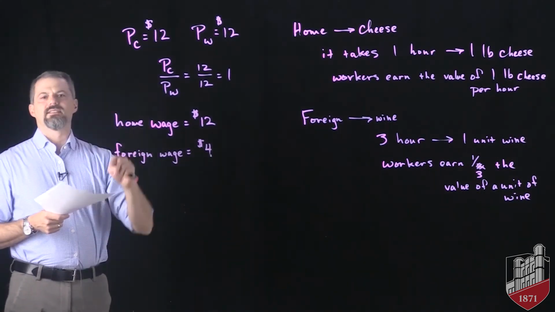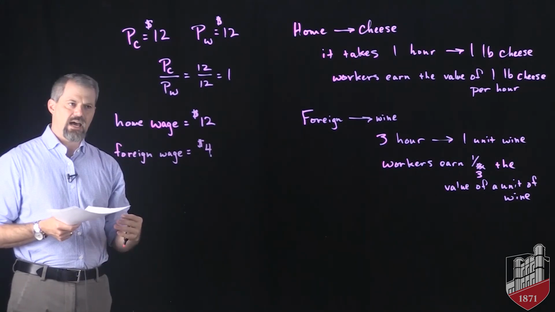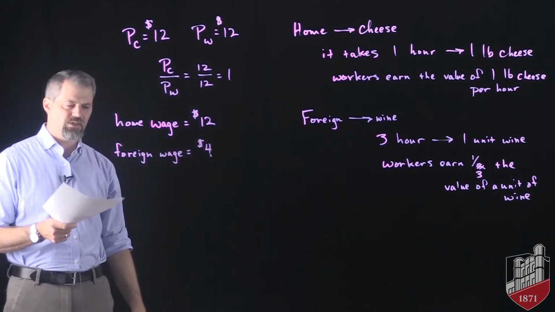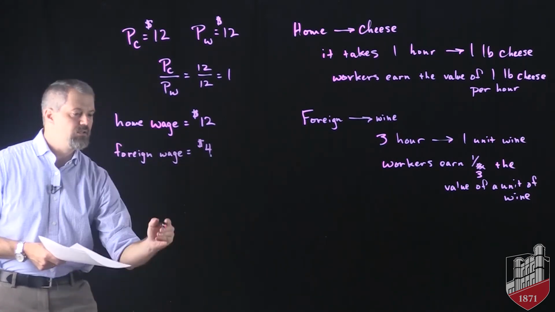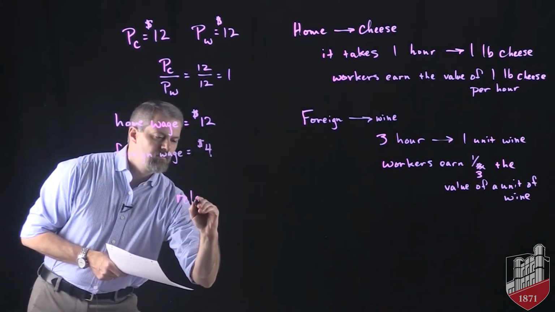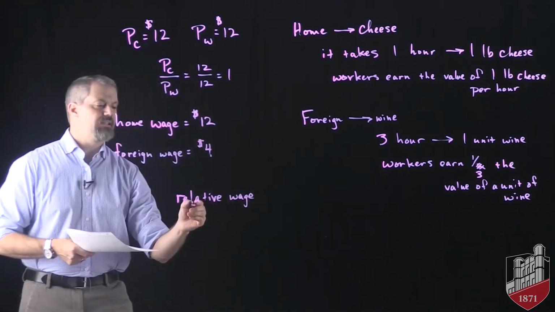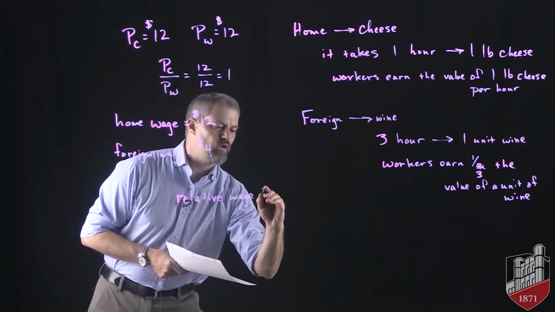As with prices, it's going to be the relative wage that matters, not so much these dollar amounts. We can think about it either way. Let's think about the relative wage in Home.